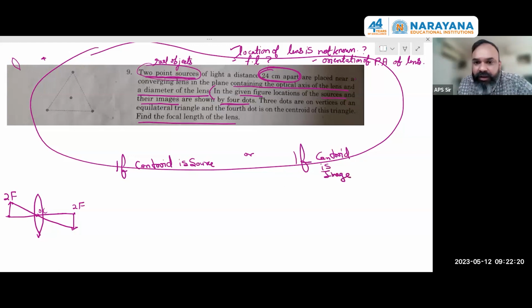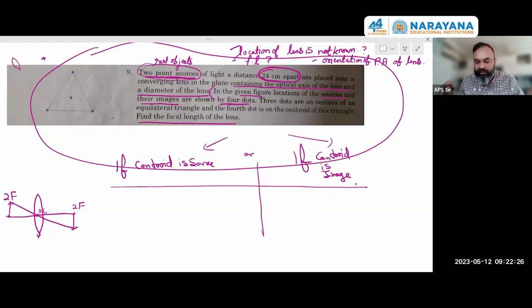Let me first streamline. There are only two possibilities. Under the possibilities, I'll solve. So if the centroid is the image, or if the centroid is the source. Now let's think. If the centroid is the source, then what we are saying is one source is lying here. And because there is a rotational symmetry, if this is S1, then one can write anywhere.